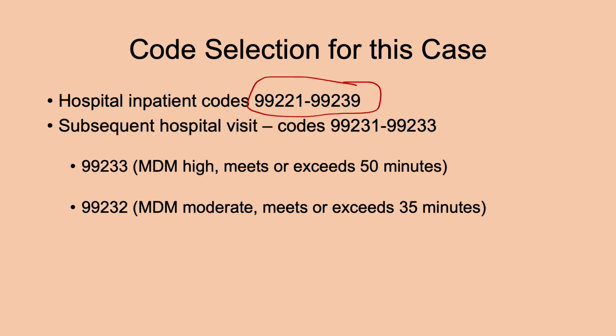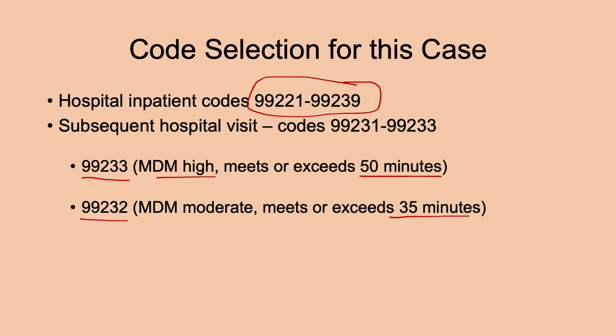Well, you look at these codes and you see that 99233 is that high medical decision making. 99232 meets the minutes. Now you said, now wait a minute, it said 45 minutes. Well, that's true, but it's got to meet the 35. So it was at least 35. It's 45 minutes. It's more than the 35, but not up to the 50 minutes.